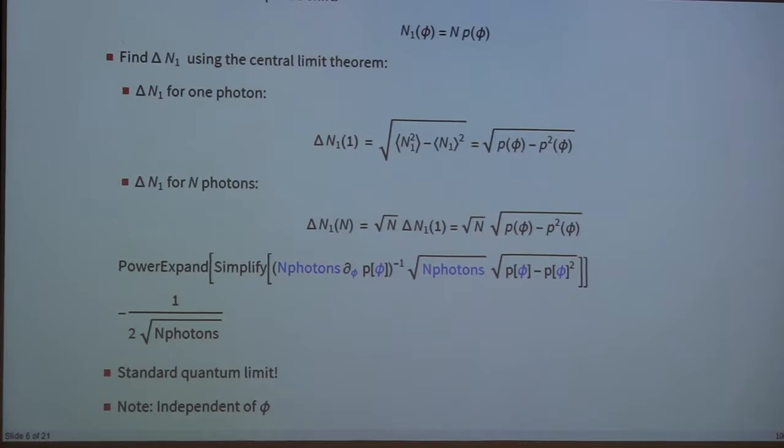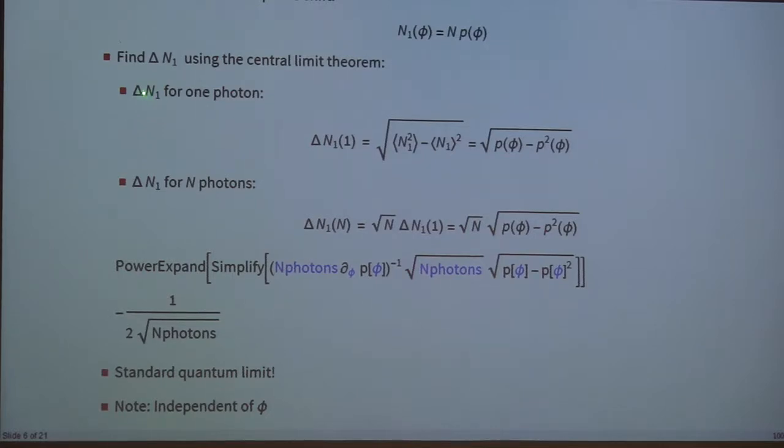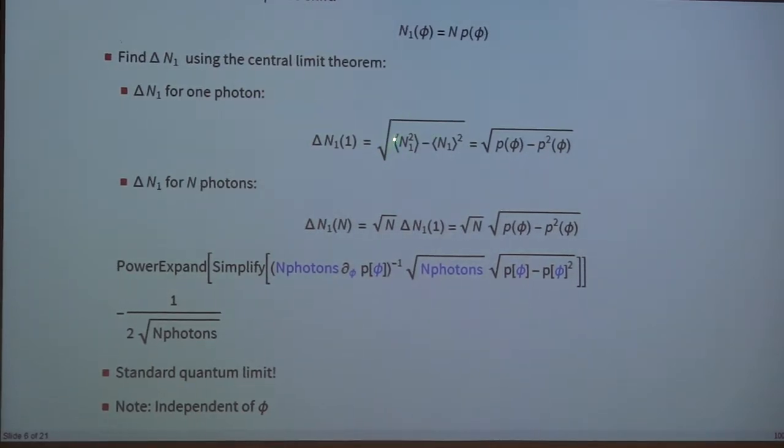Here is the full answer. So what is the uncertainty of the number of photons in port 1? If I throw a single photon at the interferometer, the uncertainty is the root mean square. So it's the square root of the expectation value of n1 squared minus the expectation value of n1, squared. That's just the definition of delta n1.